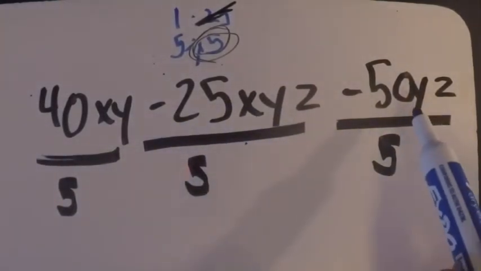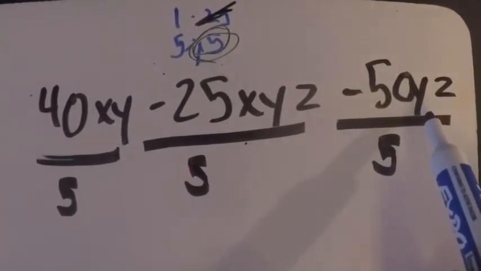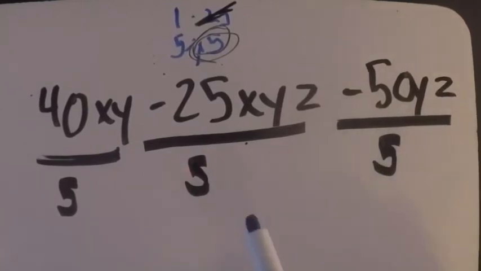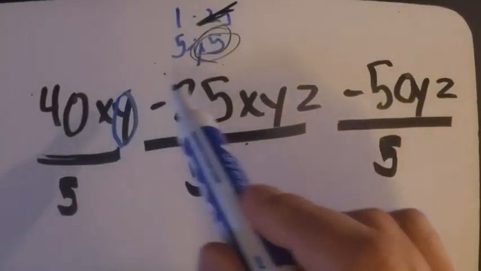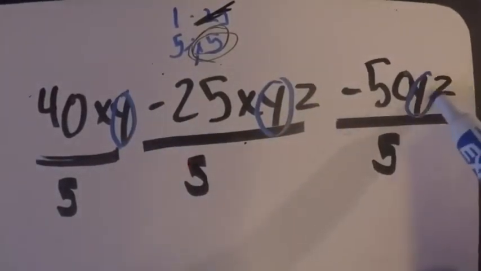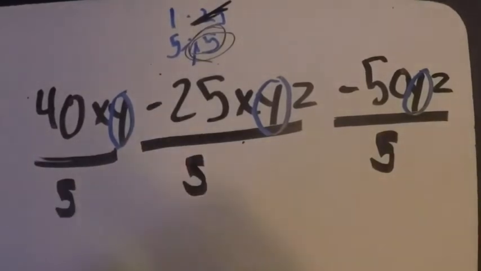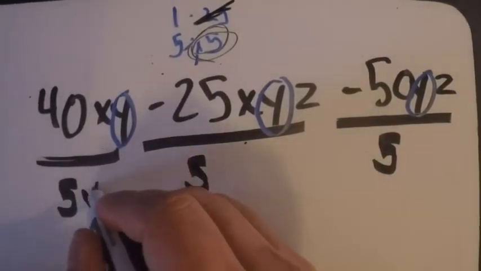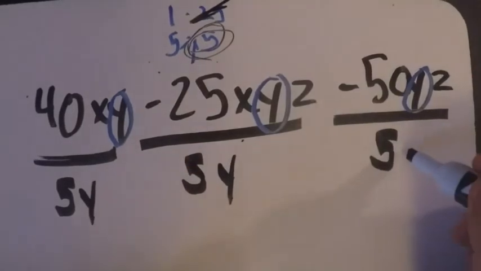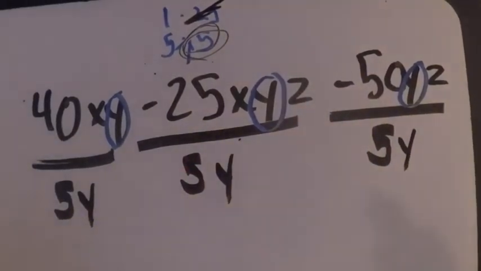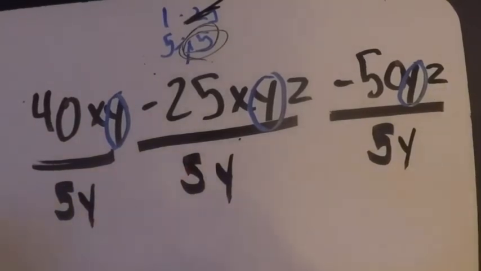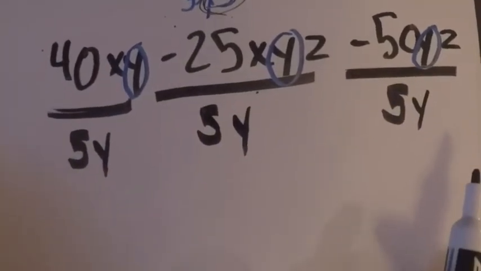Our third term, however, does not have an x and only has a y and a z. So the only variable that they all share is our y. We're going to divide by that as well, because it is in all of these terms. So we divide each term by a greatest common factor of 5y.